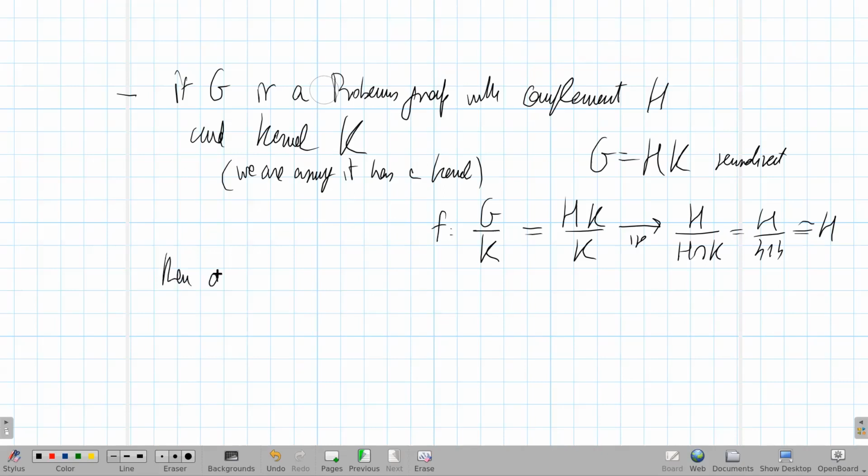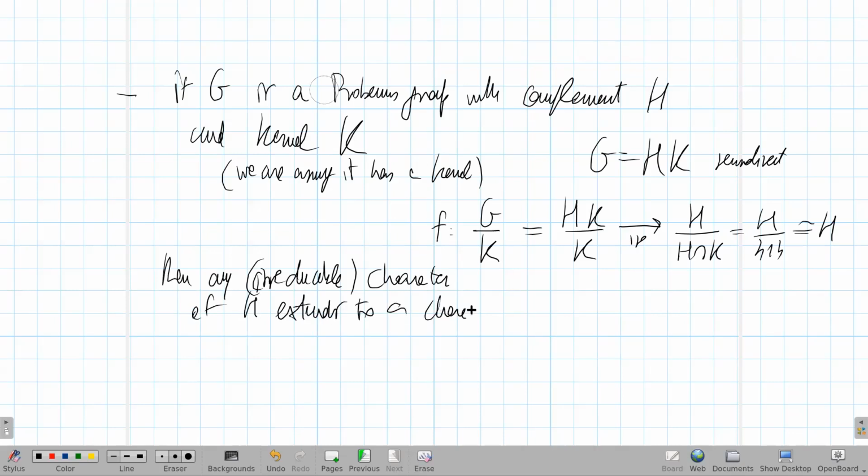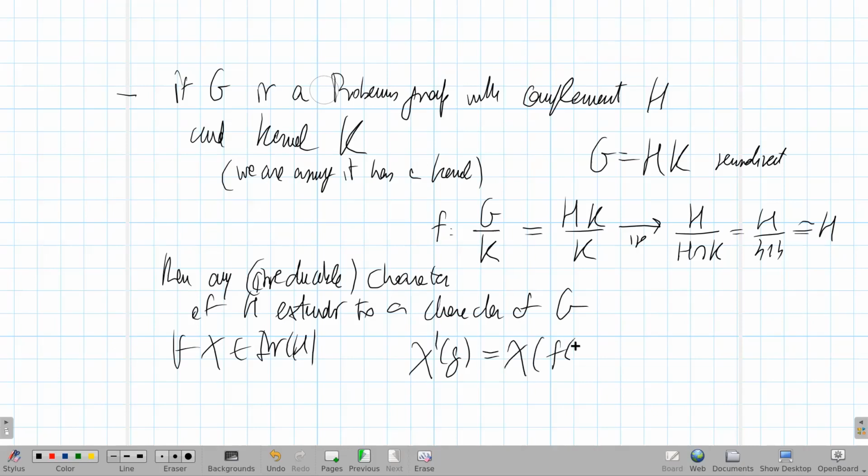Then any character, in particular any irreducible character, of H extends to a character of G. Because if chi is an irreducible character of H, then you can define chi prime of an element g of G as chi of f of g.